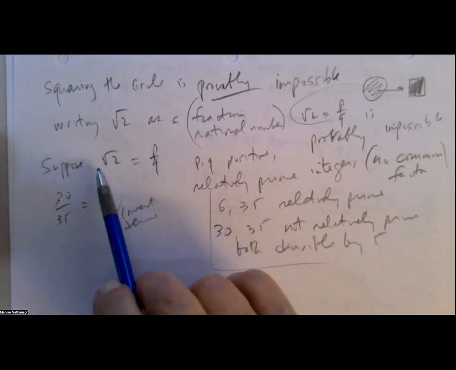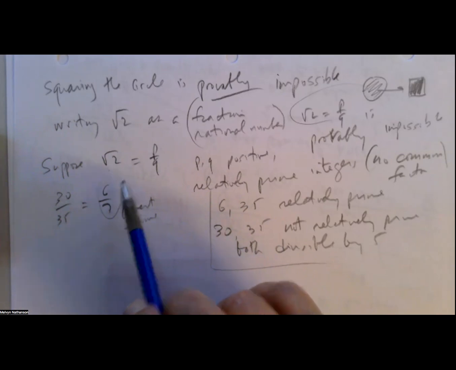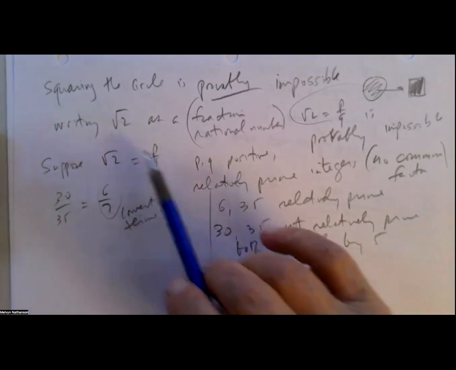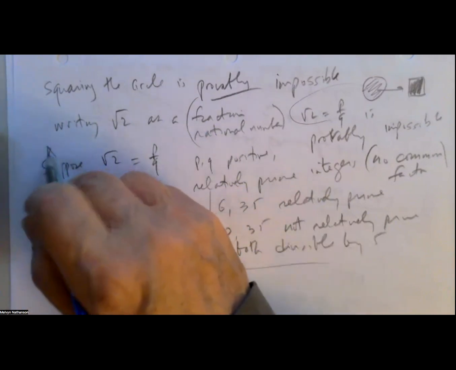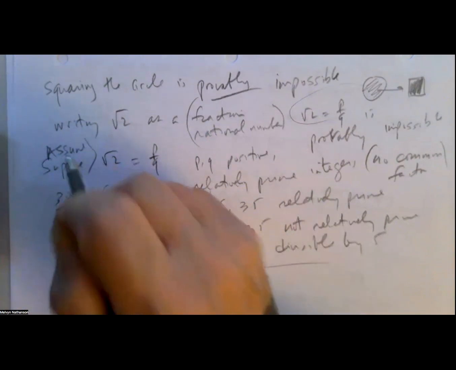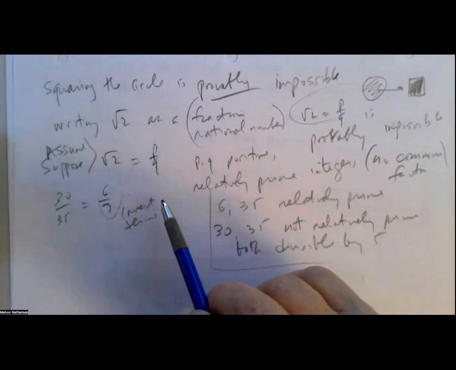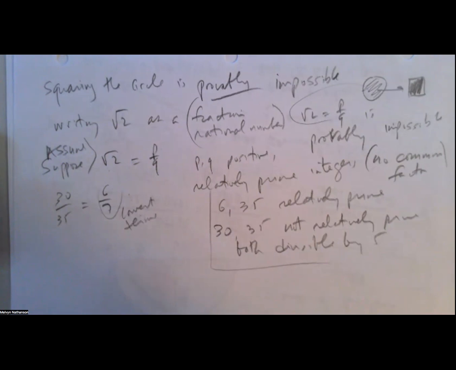So this is going to be a proof by contradiction. We want to show square root of 2 is not a fraction. So we assume, or suppose, that it is a fraction. You can always write the fraction in lowest terms, and we're going to show this leads to a contradiction.